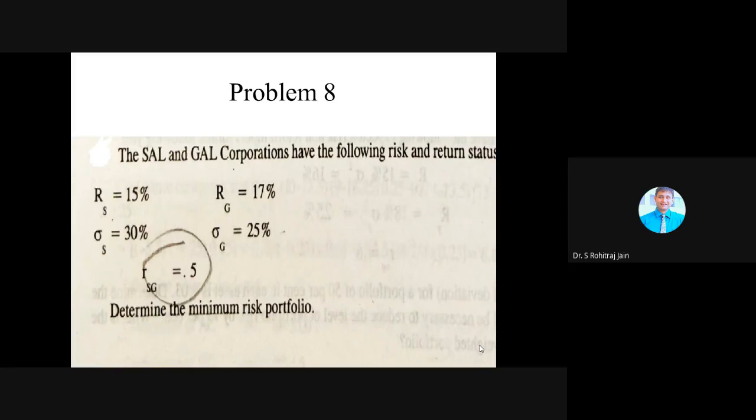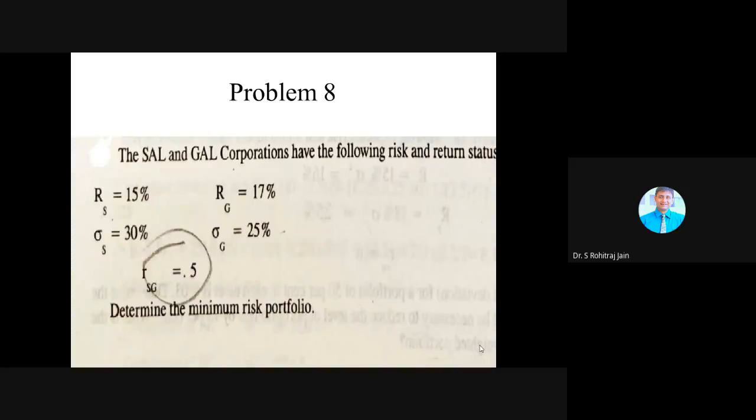Now I have marked one more thing over there. The correlation coefficient that exists between the SAL and GAL. So these are two different cases.